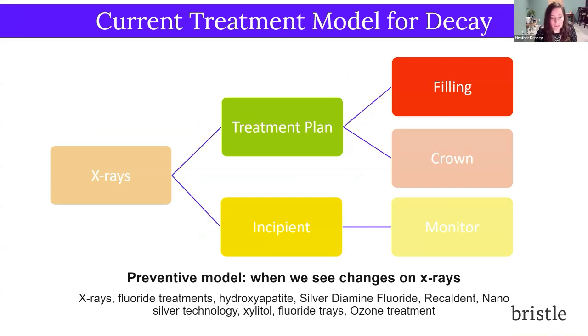And then we might do some preventative. Most of the preventative is trying to go through the remineralization phases. We do have silver diamine fluoride, which helps remove some of the bacterial issues, but not very often are we dealing with the bacterial dysbiosis or looking at what's actually the cause of the disease presence in the mouth.